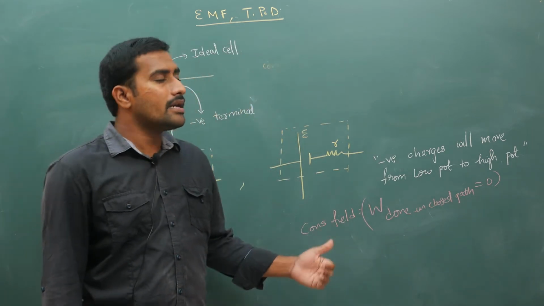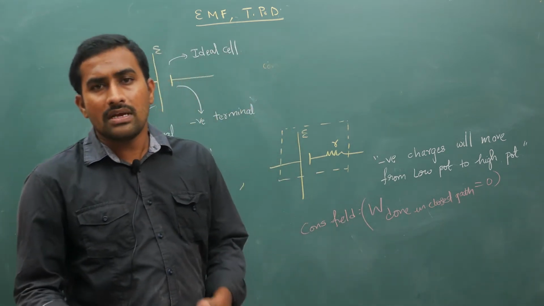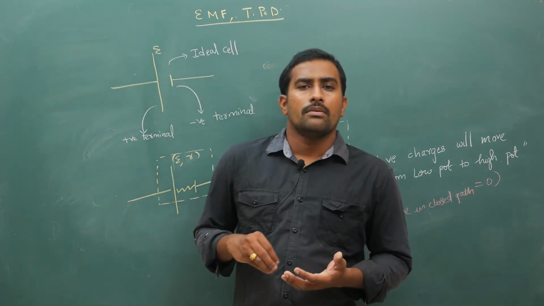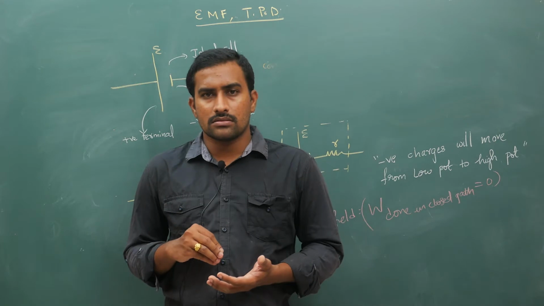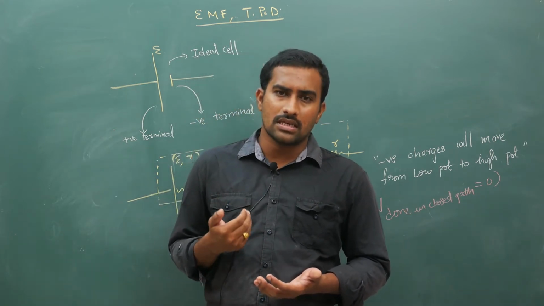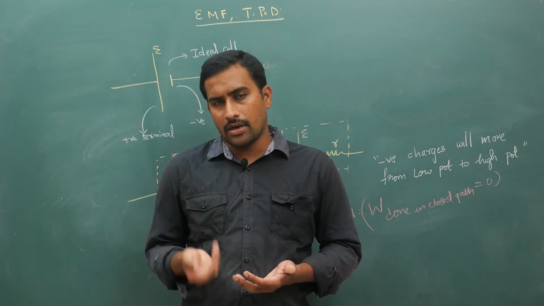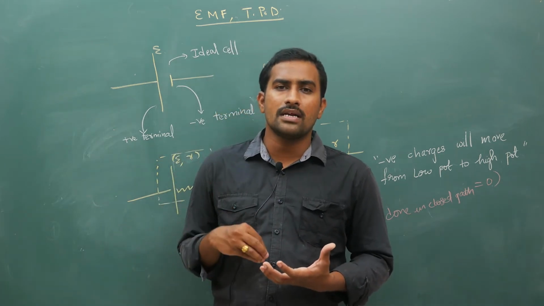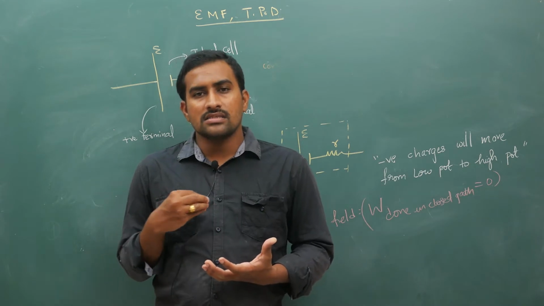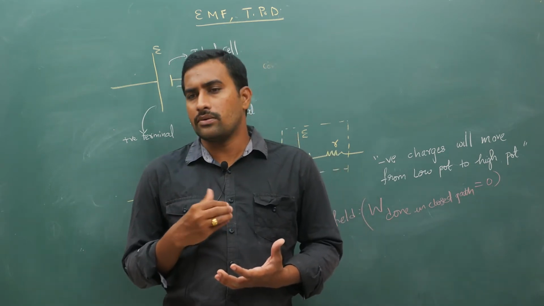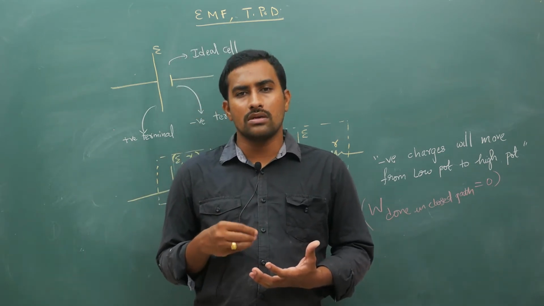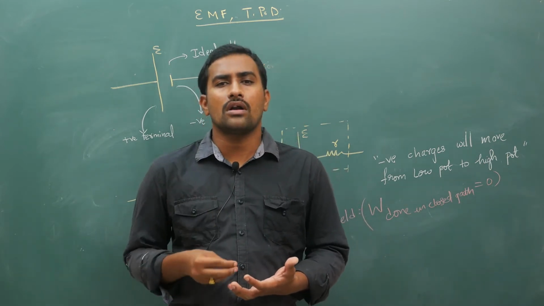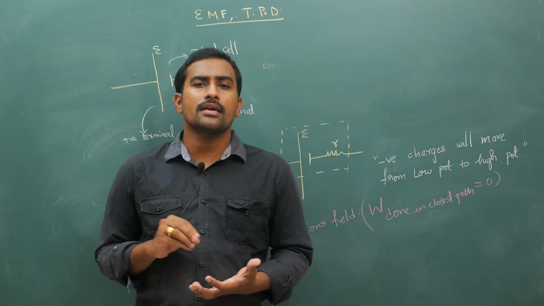Now the next thing is, what will a cell do? Your cell will basically provide charges, that means electrons or ions, depending upon the type of chemical reaction going on internally. Anyhow, you cannot remove protons, you can only remove electrons. Either released electrons or ions will contribute to electric current.